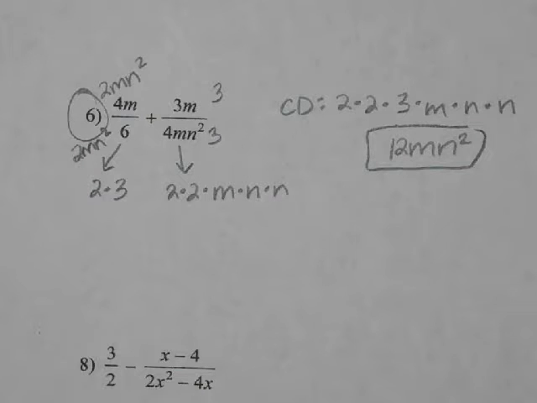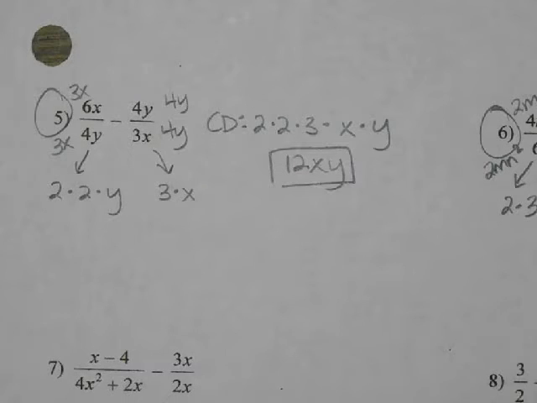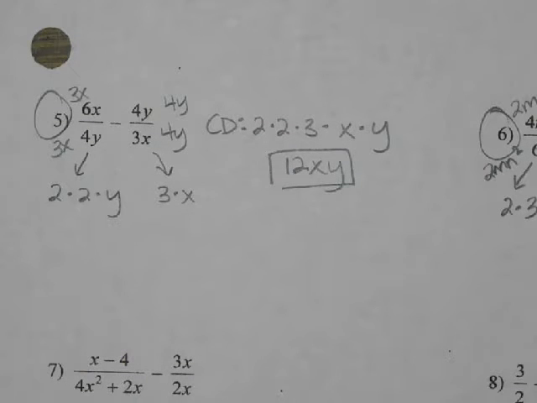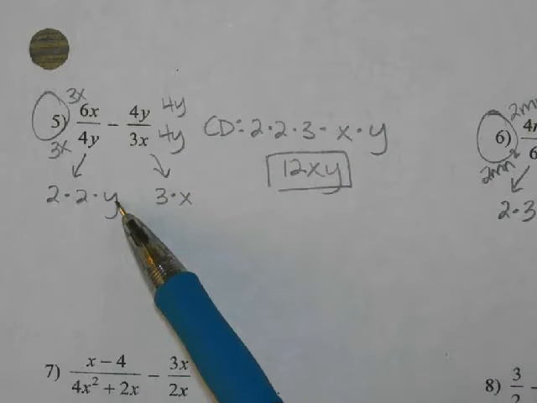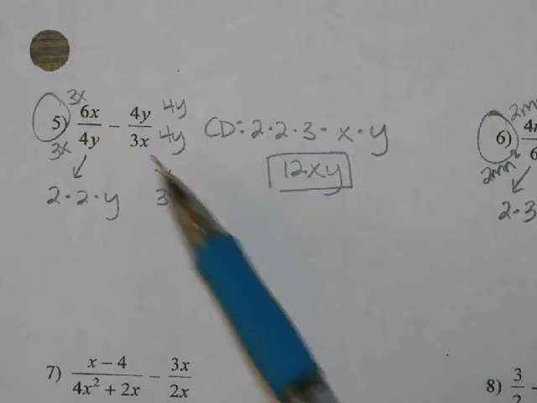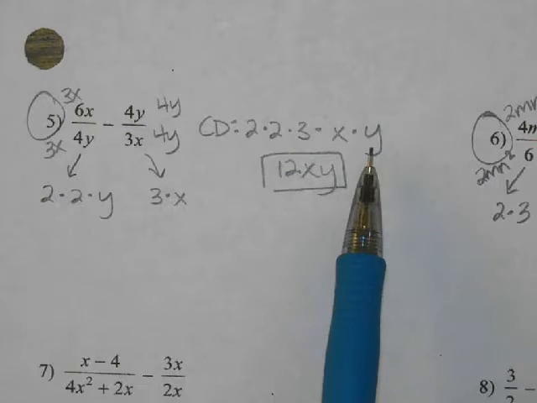Can you go back to 5? Why did you take the 3x over there? So when I looked at this denominator, I could see a 2, and a y. And when I looked at this denominator, I saw 3 and an x. So I made sure my common denominator had everything.